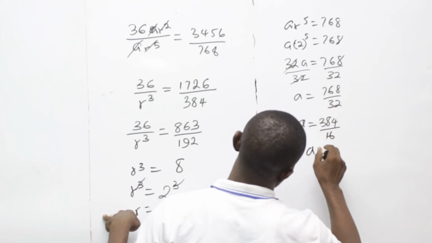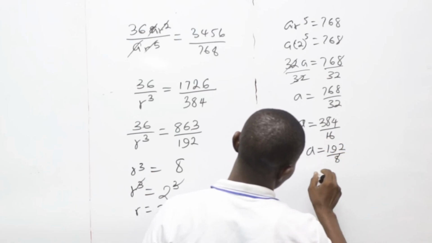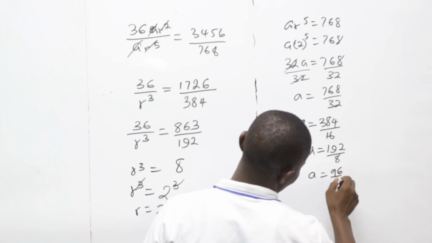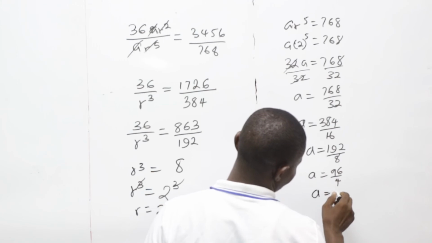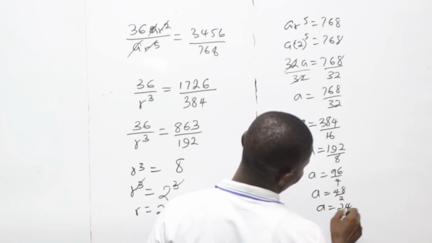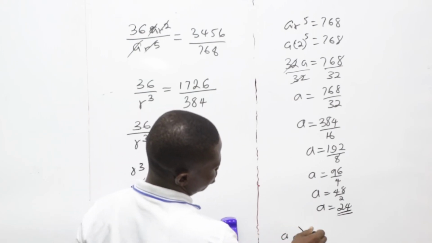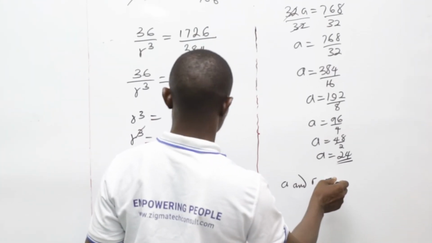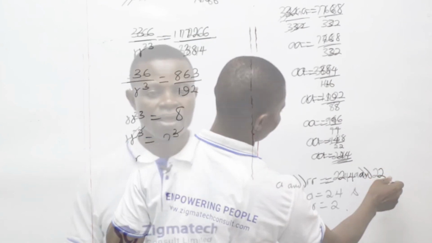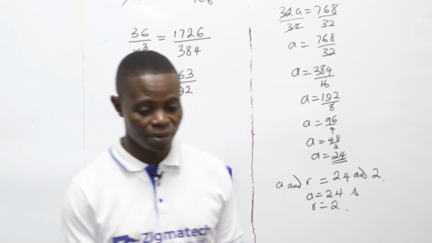This is 16. 192 all over 8. This is 96 all over 4. This is 48 all over 2. This is 24. Therefore, A and R equals 24 and 2.